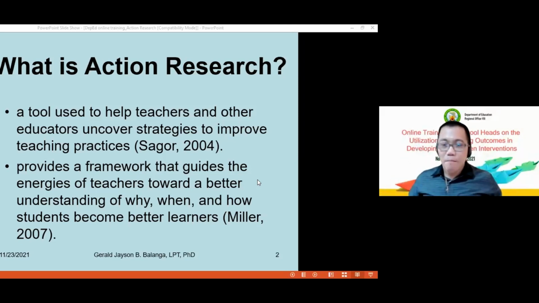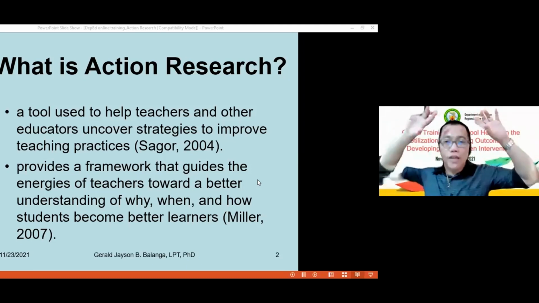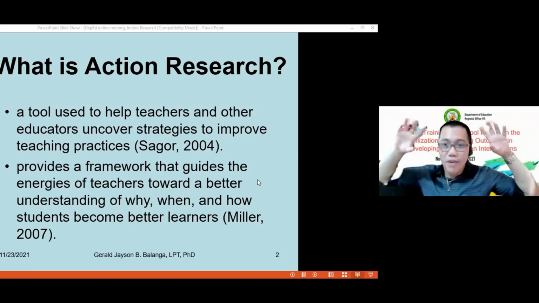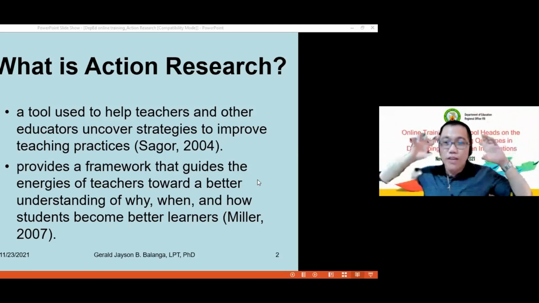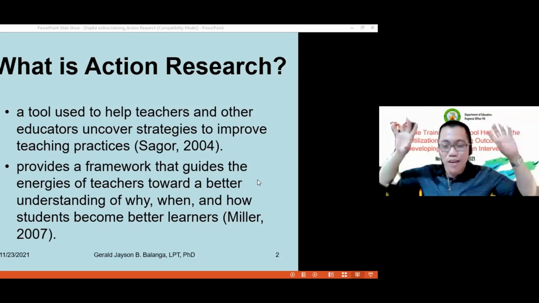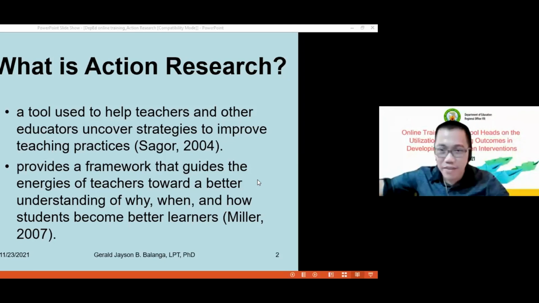Because as a school head, you see the school at a macro level. Right, Sir Edwin, Ma'am Ditas, Ma'am Jocelyn? Yes, sir. If you are a school leader, you know what is happening in the school. You know if they are improving in reading, if they are failing in math tests.